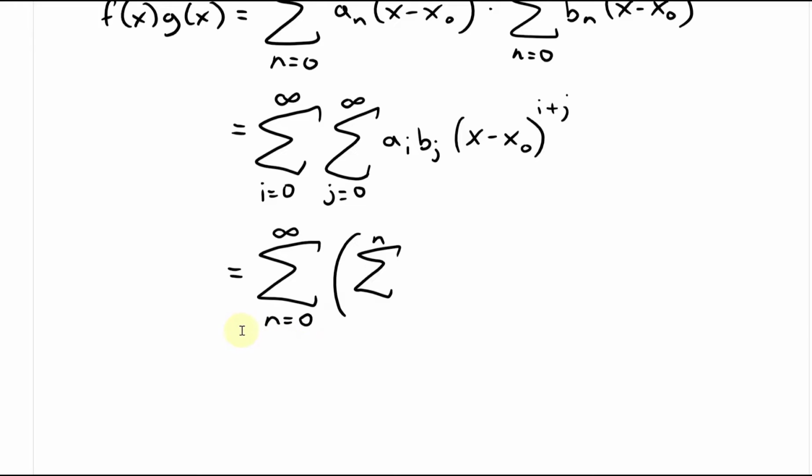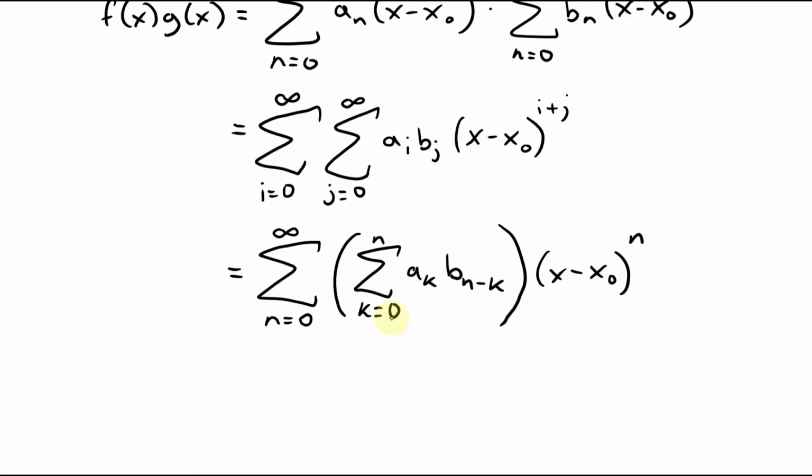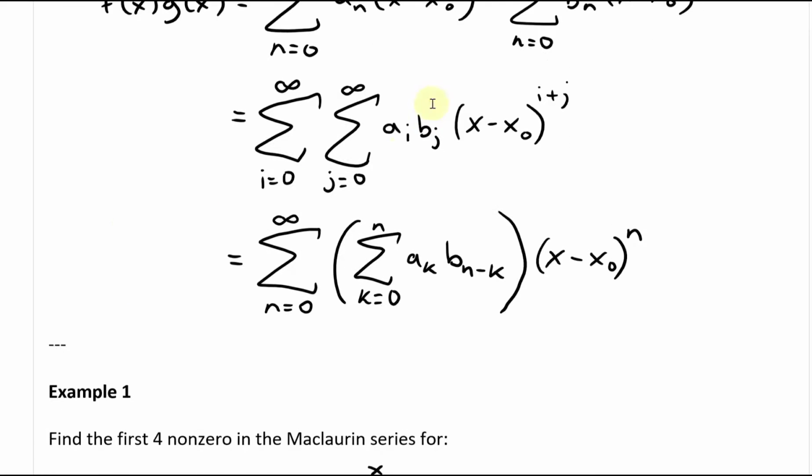Whatever this value is, this depends on it, and this is going to be from k equals 0 up to n, a_k b_(n minus k), our convolution term, and this is going to be (x minus x_0) to the power of n. Alright, so there's some pretty epic stuff there.